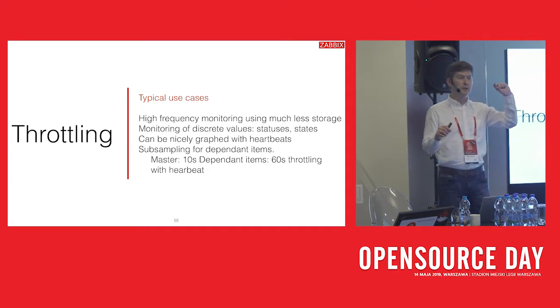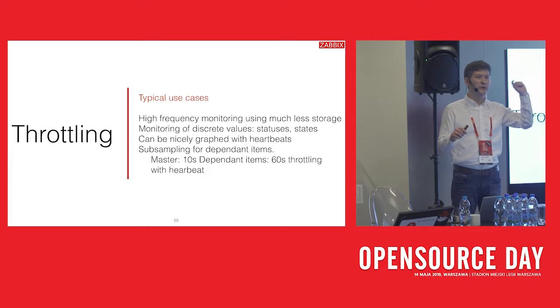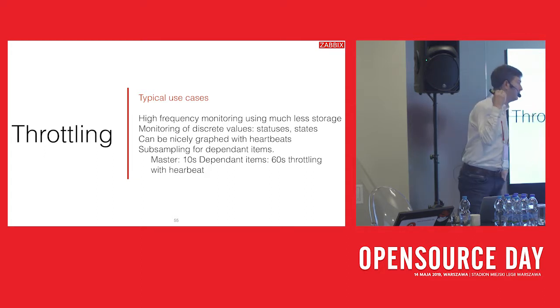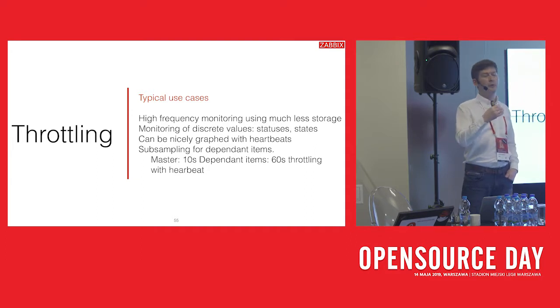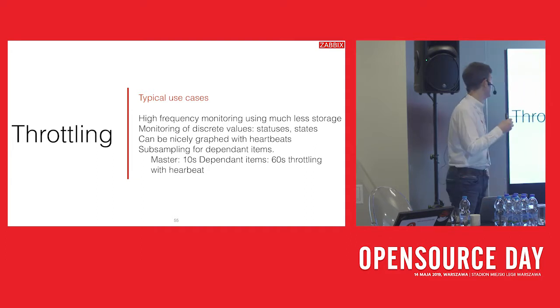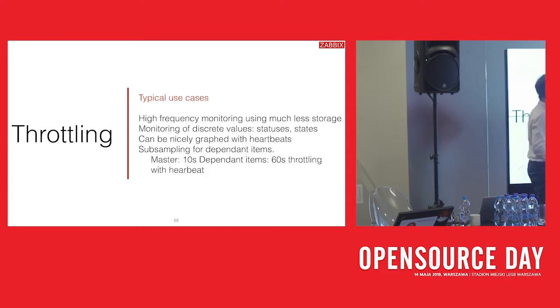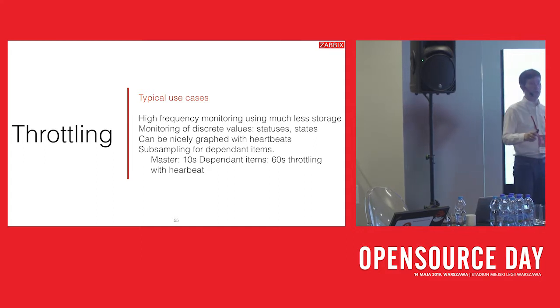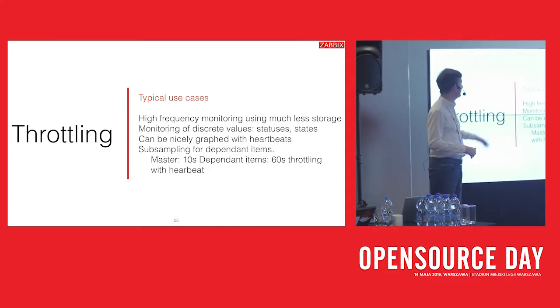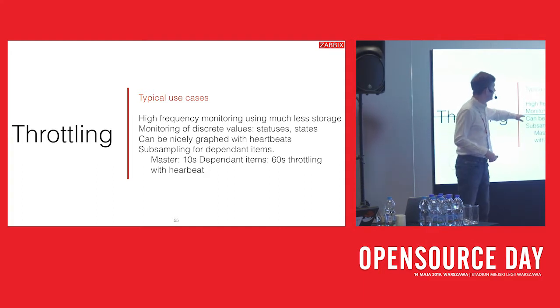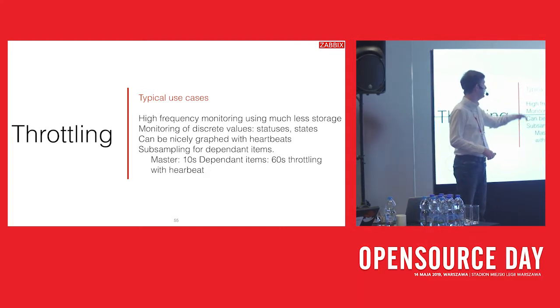But as soon as the value is changed, the status of your application changes, Zabbix will immediately alert you. 1 second and just after 1 second, you receive an alert that, okay, we've got a problem, which is very, very nice. Monitoring of discrete values like statuses and states, 1, 0, it's perfect for this. Now it can be nicely graphed with the heartbeats.